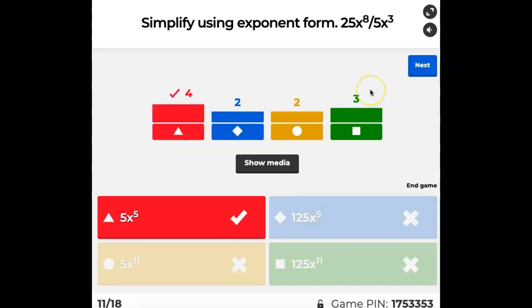Okay, as I said, it's almost the same thing as the last question. So 25 divided by 5 is 5. And then 8 minus 3 is 5. That's why your answer is 5 to the power of 5.